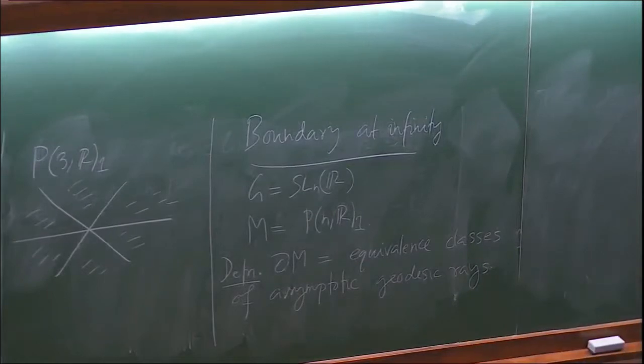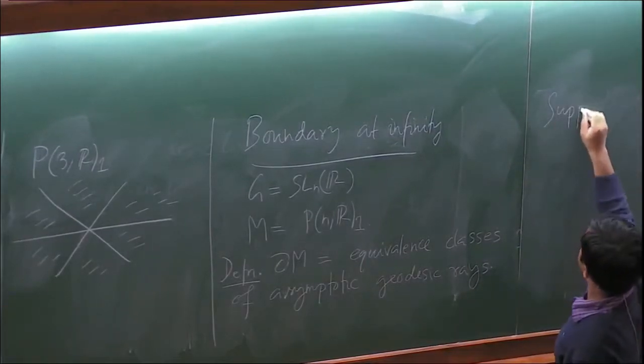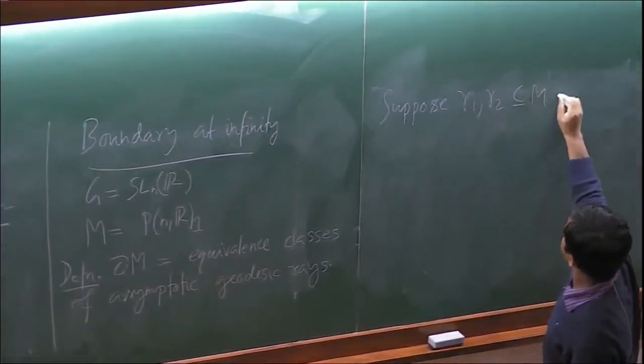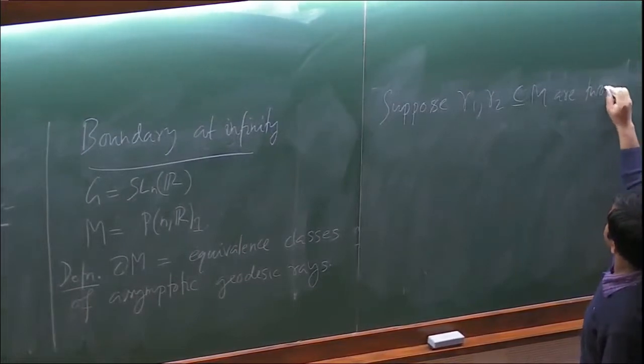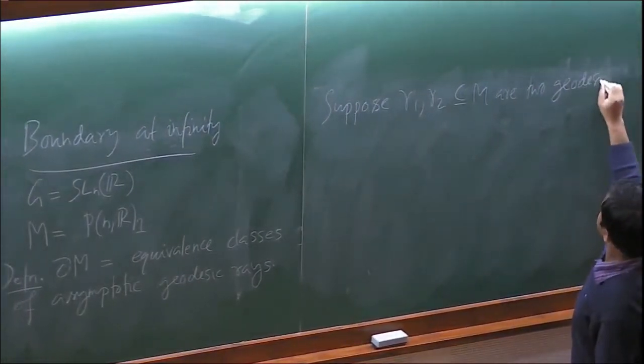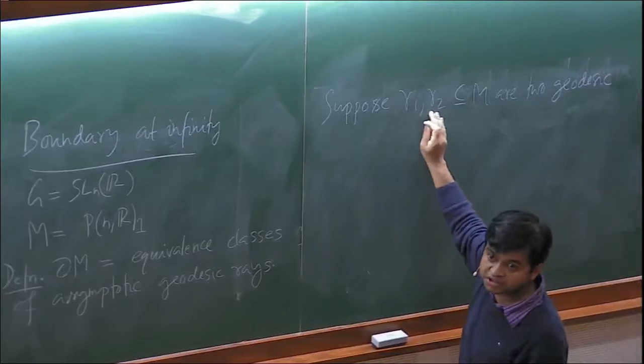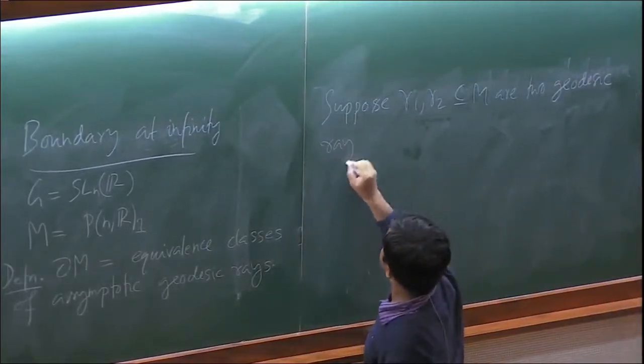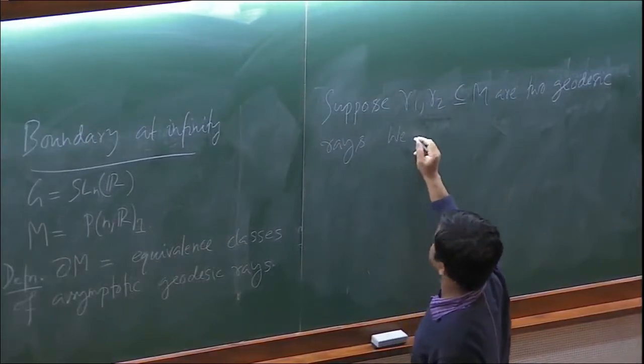That is, suppose you have two geodesic rays, gamma 1 and gamma 2 inside M. I really mean here the image. Geodesic rays. So we say that they are asymptotic.